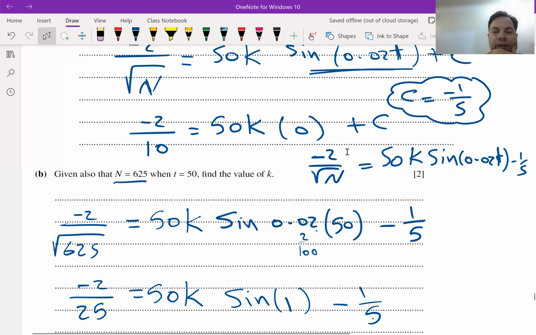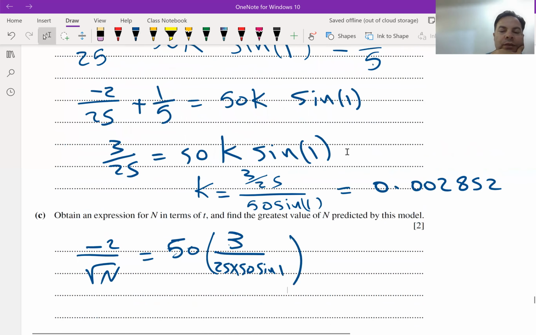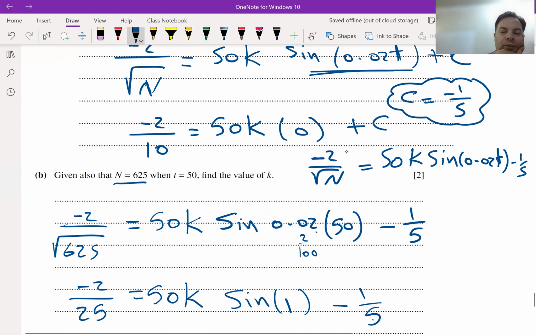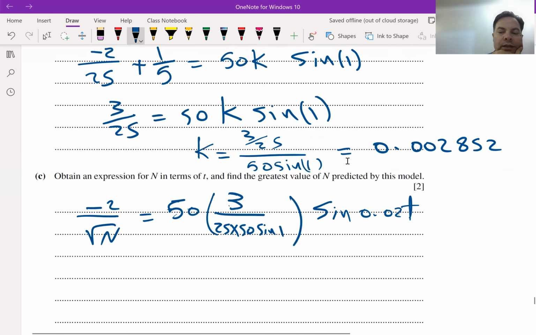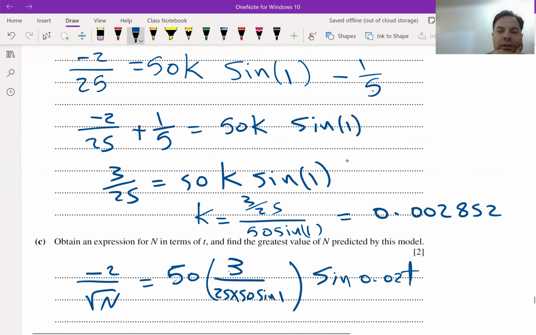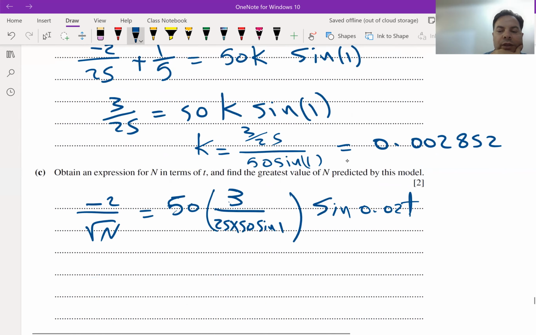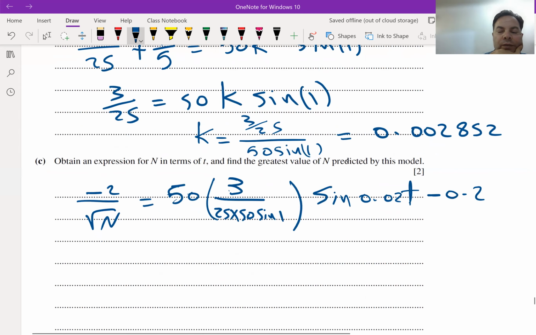50k sine 0.02t plus c, which is negative 0.2.